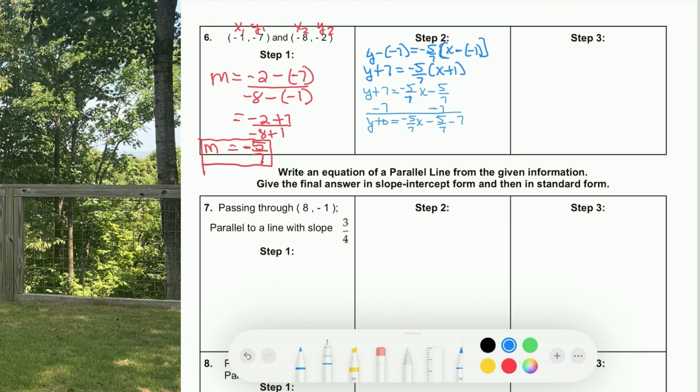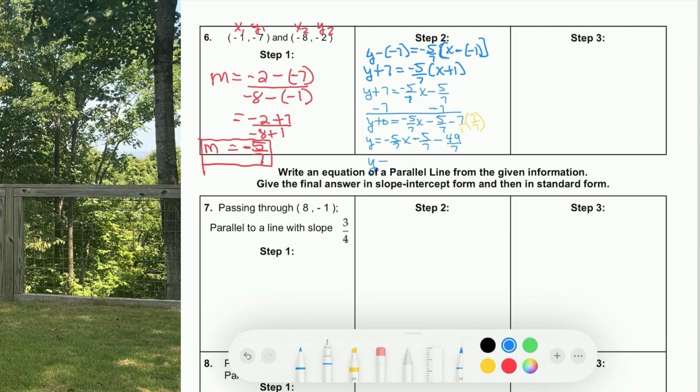I need to change my 7 to have a common denominator. So I'm going to put it over 1 and multiply it by 7/7 so that it'll have a matching denominator. That gives me y equals negative 5/7 x minus 5/7, 7 times 7 is 49, so I have minus 49/7.